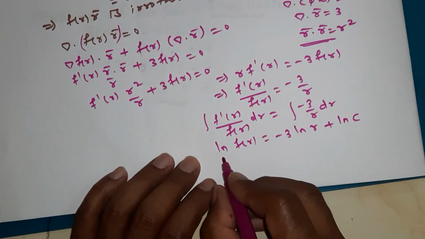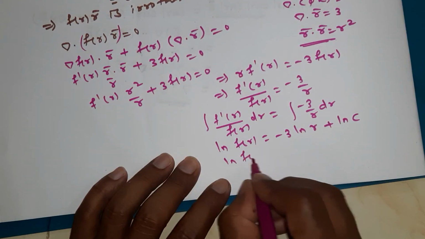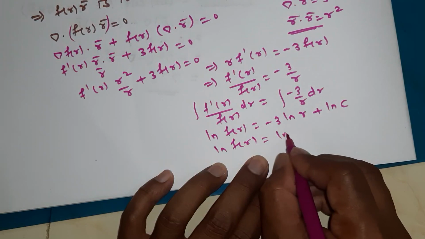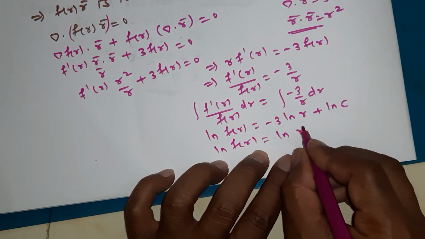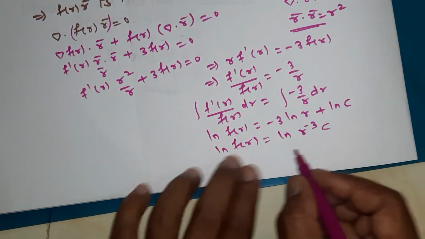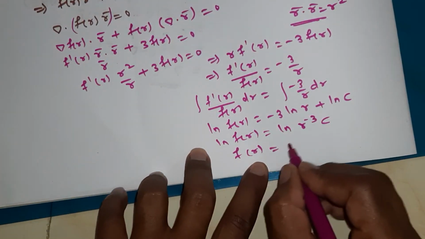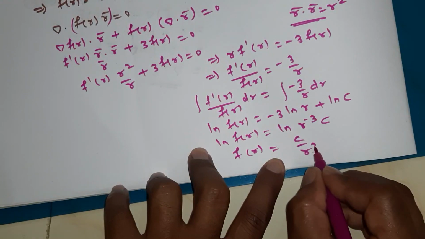Okay, so ln of f of r is equal to, using the logarithm rule, ln of r raised to minus 3 into c. Cancel ln on both sides. So f of r is equal to c upon r cube.